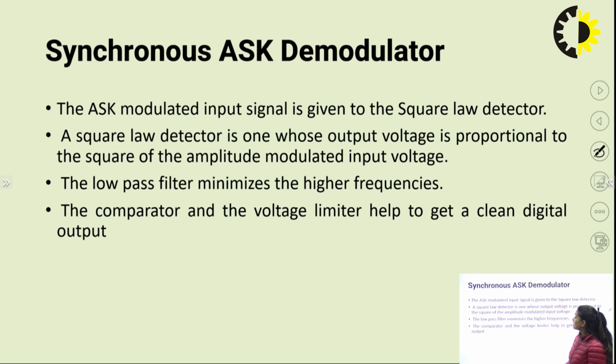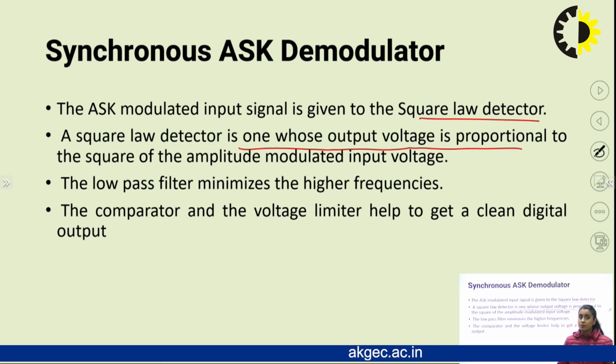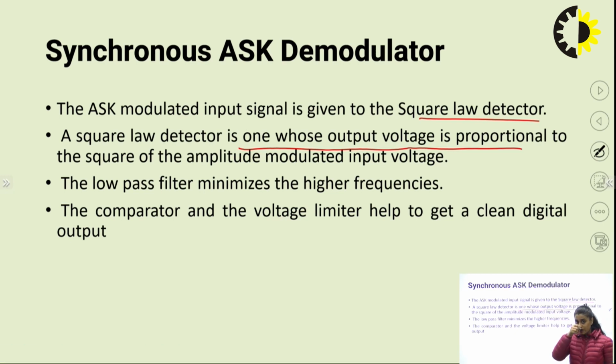The ASK modulated input is given to the square law detector. A square law detector is one whose output voltage is proportional to the square of the amplitude modulated input voltage. So the square law detector will give output such that the output is equal to the square of the input, right?